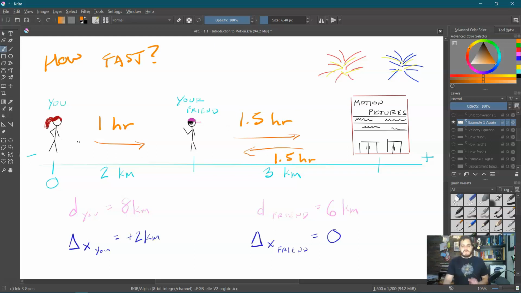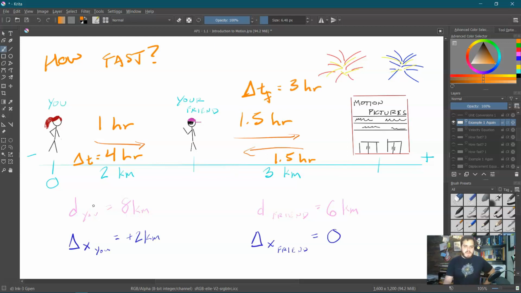Okay, so just to make sure we totally understand, over this whole time interval, you had a change in time of 1 hour plus 1.5, 2.5, plus another 1.5, 4 hours. Your friend's change in time was only 3 hours.